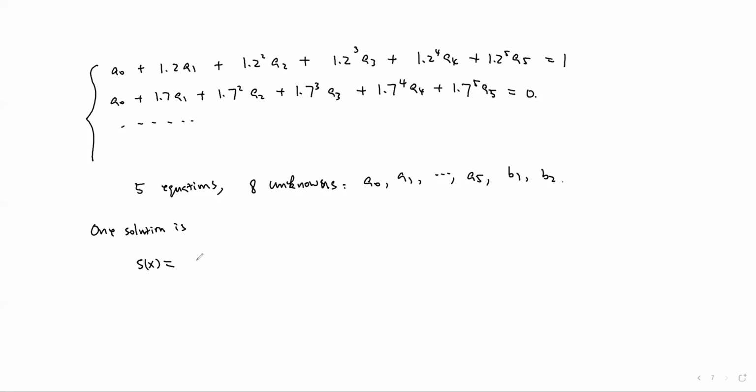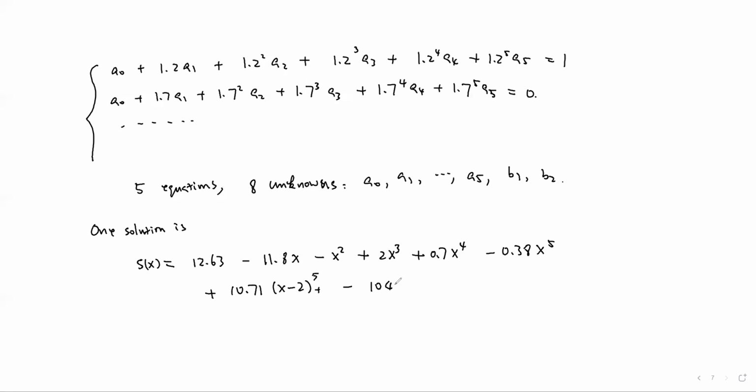One solution is this: A0 is 12.63, A1 is 11.8, A2 is -1, A3 is 2, A4 is 0.7, A5 is -0.38, and then B1, B2.